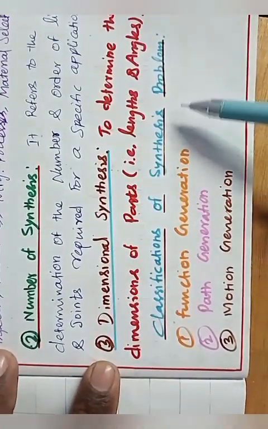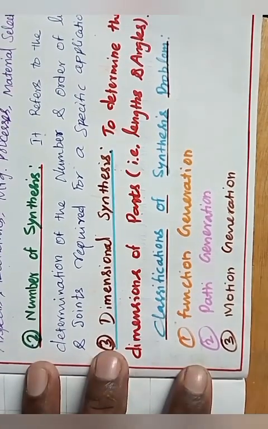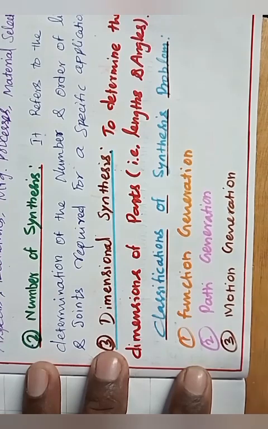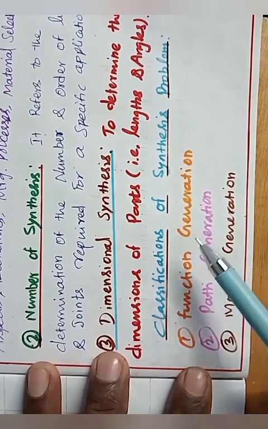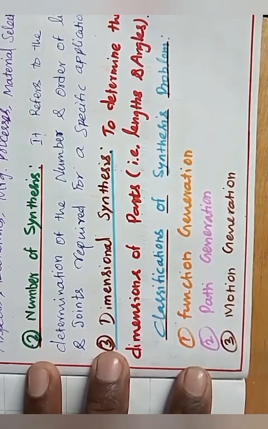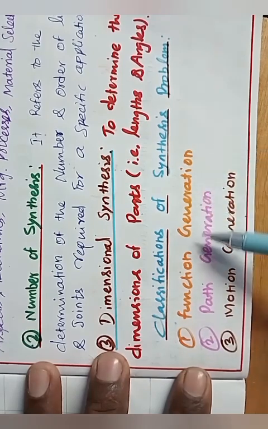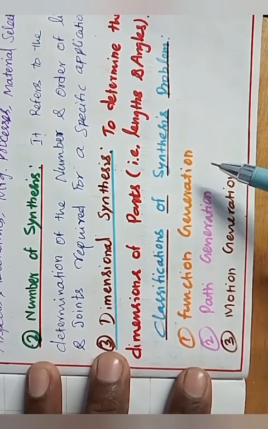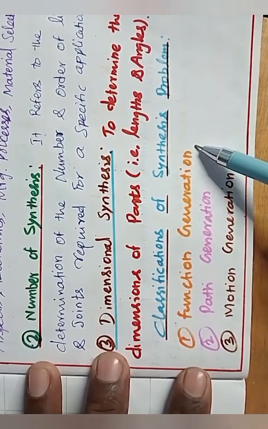Next one is classification of synthesis problems. Classification of synthesis problems considers function generation, path generation and motion generation. In case of function generation, we just correlate the input link to output link. So function generation correlates the input and output motion of the links.